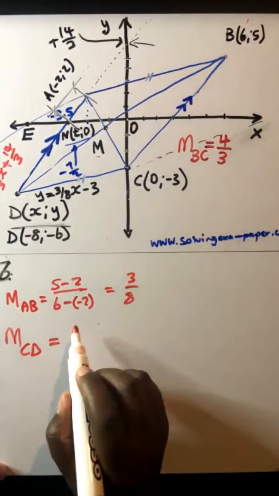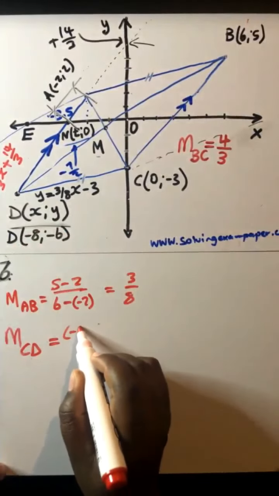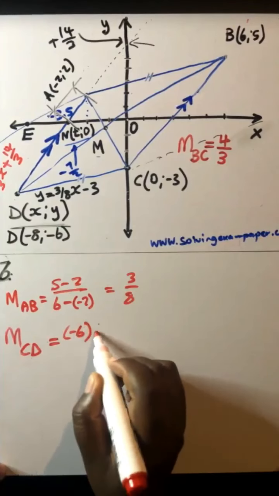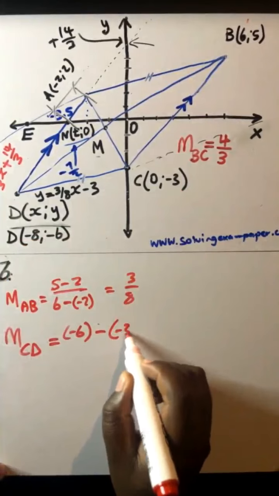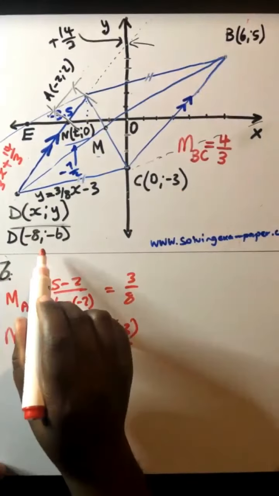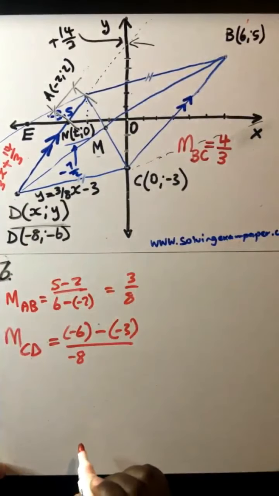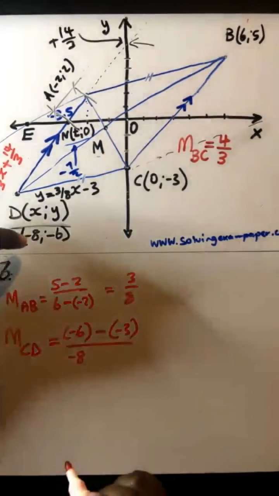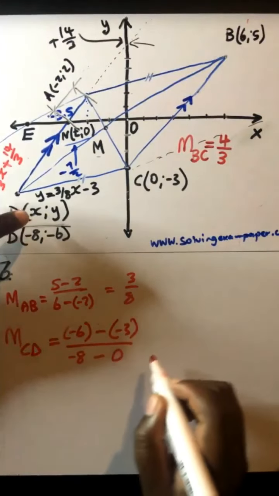The y of D, negative 6, minus the y of C, negative 3, divided by the x of D, negative 8, minus 0.